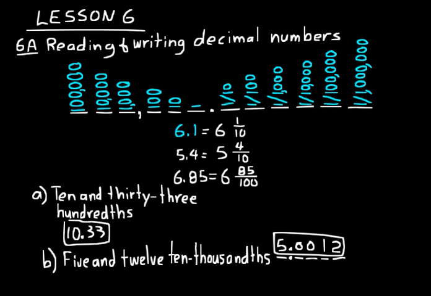Now let's go the other way. Let's use a numerical problem in digit form and let's write that using words. So we have 361 thousandths, because that 1 is in the thousandths spot. We just count over from the decimal point, tenths, hundredths, thousandths. So when we write it in words, we have to say 361 thousandths.